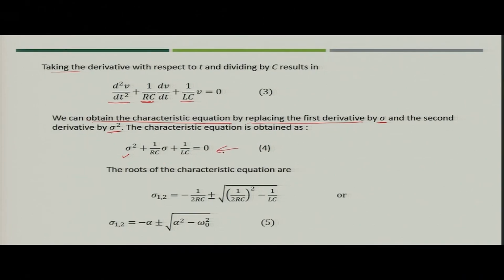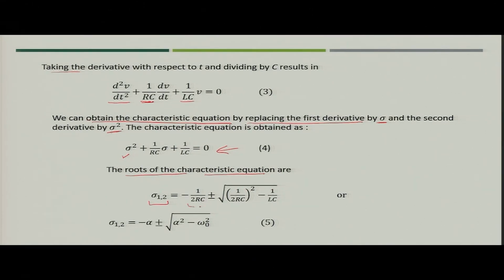So, since it is a second order equation, you will get 2 roots of this particular characteristic equation. What would be the roots? Let us assume the roots of the characteristic equation are sigma 1 and sigma 2. The values of sigma 1 and sigma 2 can be given as minus 1 by 2RC plus minus the square root of (1 upon 2RC) square minus 1 upon LC.